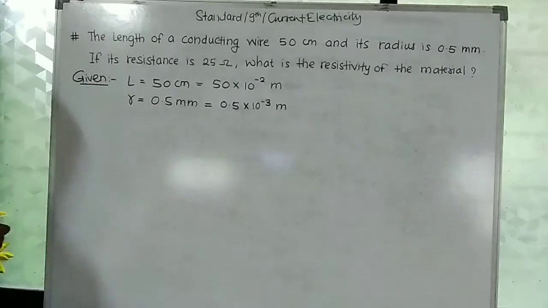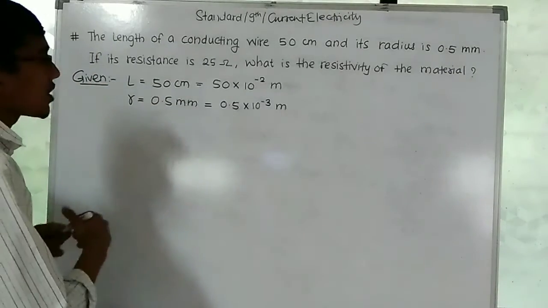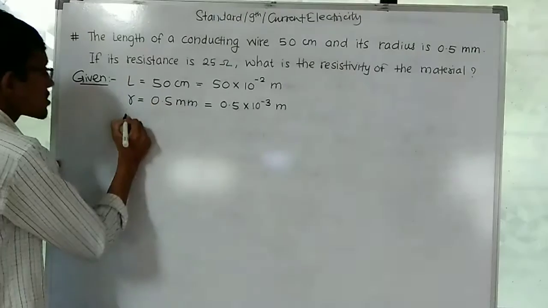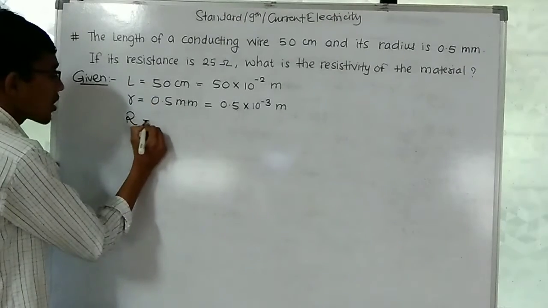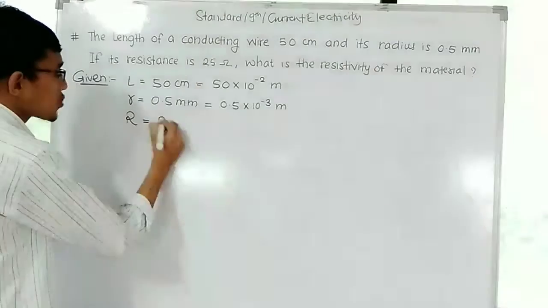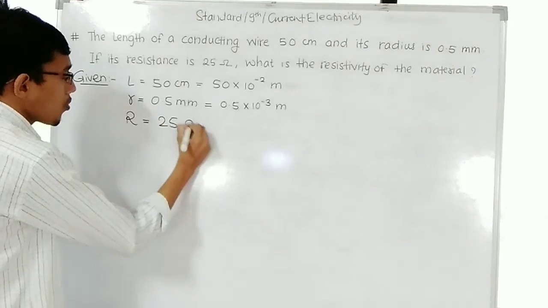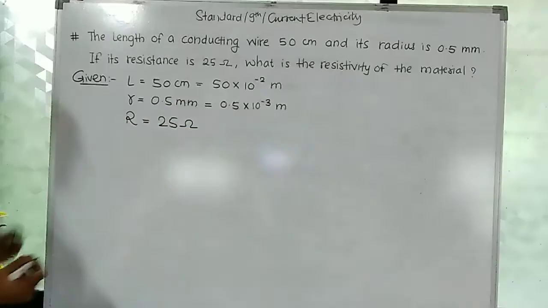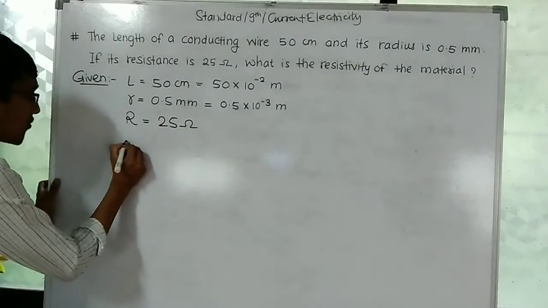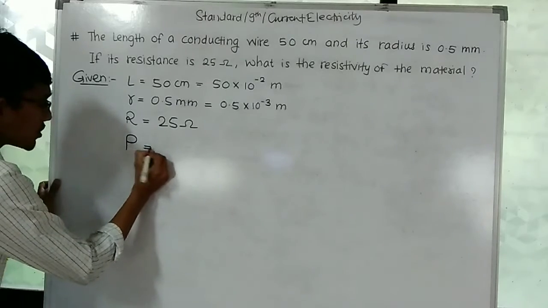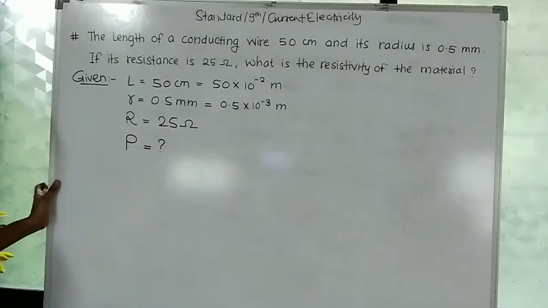Now we have to find the resistivity. Also the resistance is given, so resistance in the conducting wire is 25 ohm. What we have to find? We have to find the resistivity. So resistivity is equal to question mark.